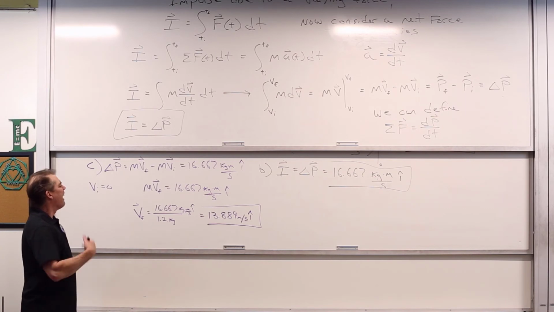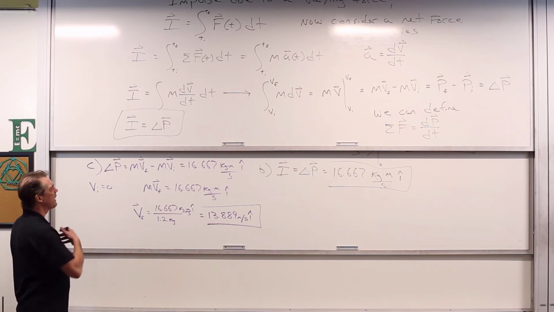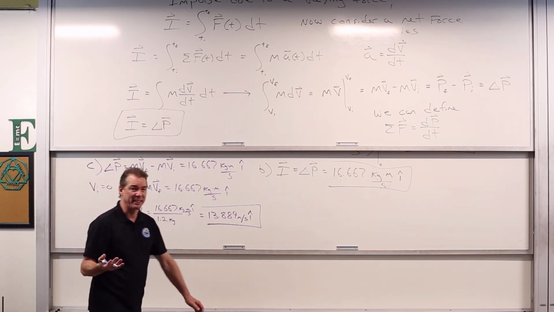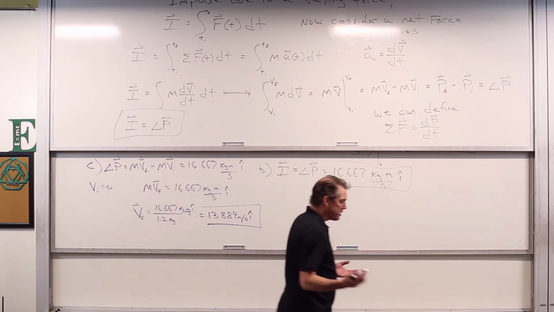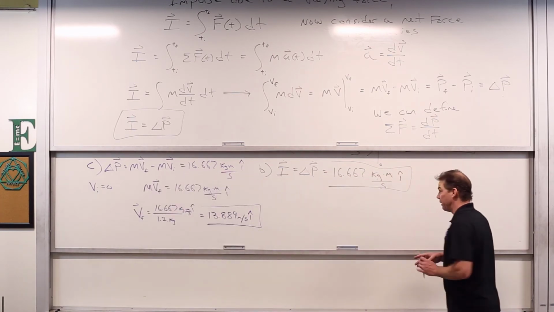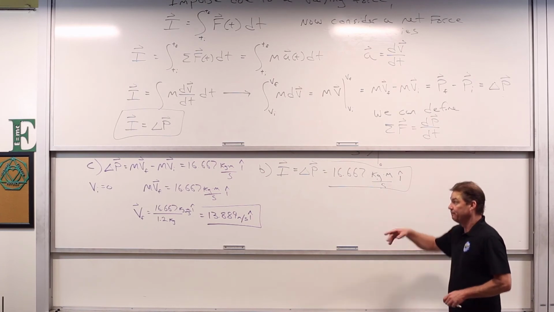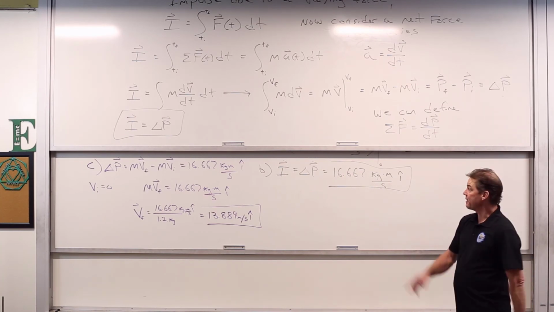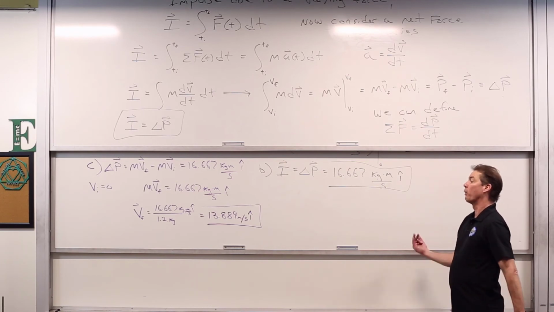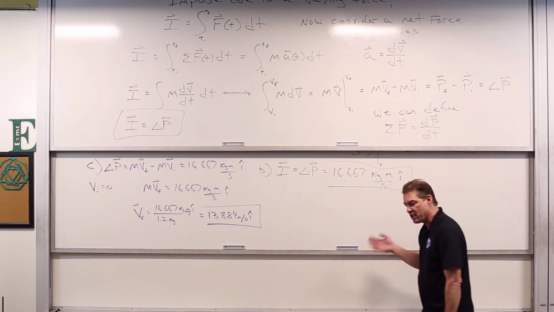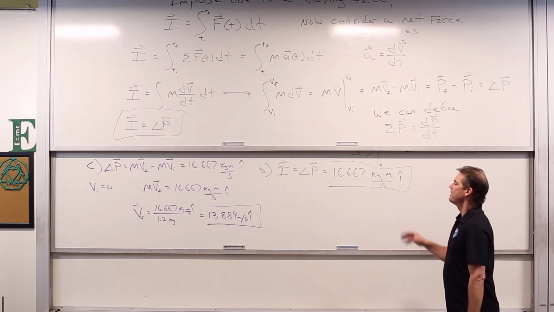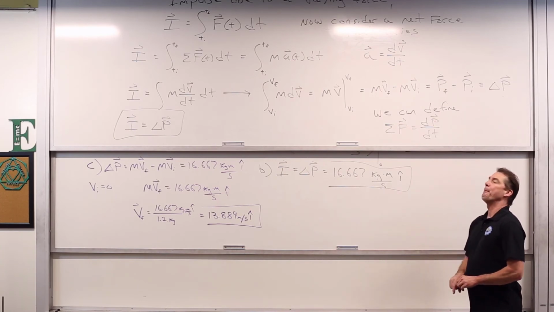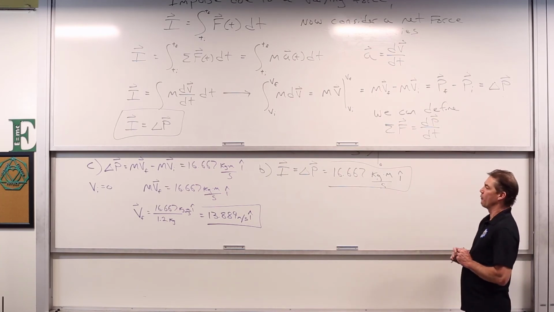Lastly, we're asked what is the average force that acted on this? Well, the average force is the constant force ultimately that would produce the same effect. So we just want to know, what constant force would produce an impulse over 0.5 seconds of 16.667, or equivalently produce a change in momentum of 16.667 over that 0.5 second time interval.